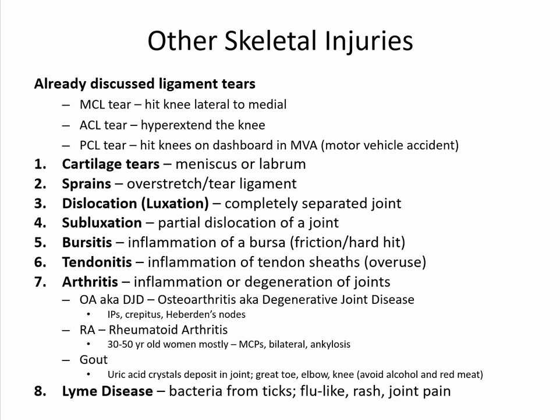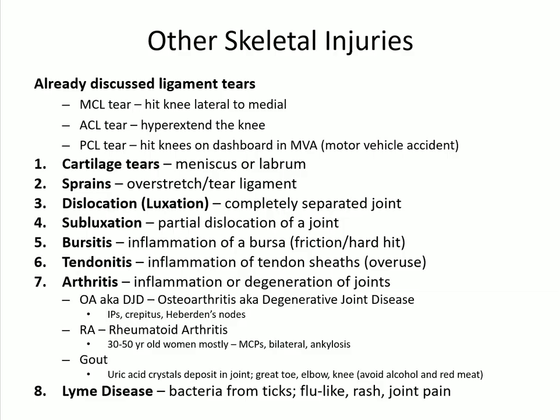Crepitus is that crunchy sound when bending. Osteoarthritis can happen in the neck, so if somebody is moving their neck, it can sound like sand rubbing, right? And that's that crepitus. That's what that means, and that's what osteoarthritis or degenerative joint disease is associated with.